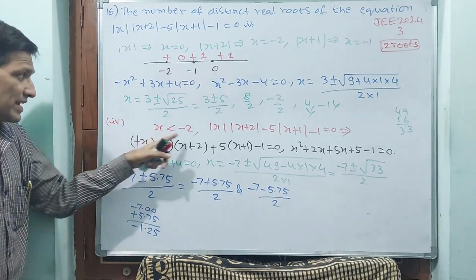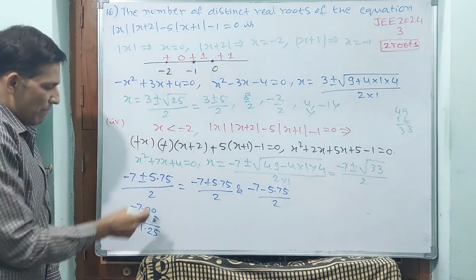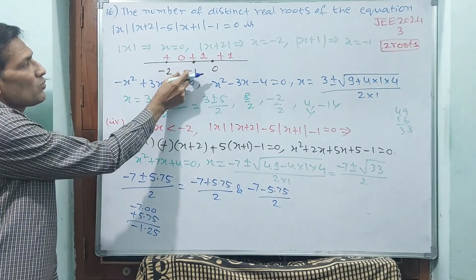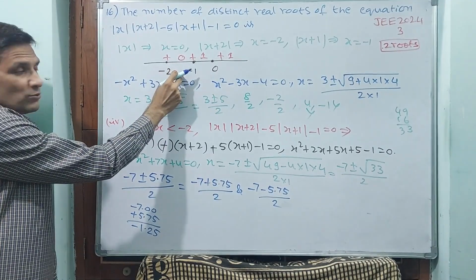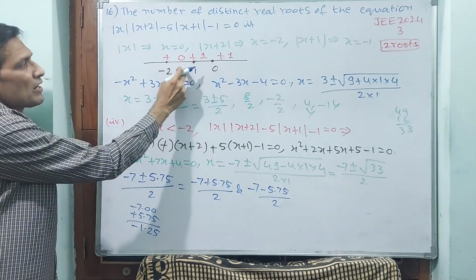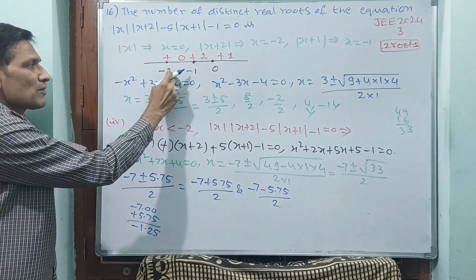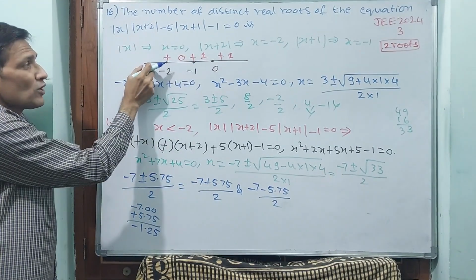No, in this area it is not there. Minus 1.25 is greater than minus 2 and less than minus 1. This value, minus 1, minus 1.2, minus 1.5, minus 1.75, then minus 2 will come. That means this belongs to the other area, but we are now doing this area.